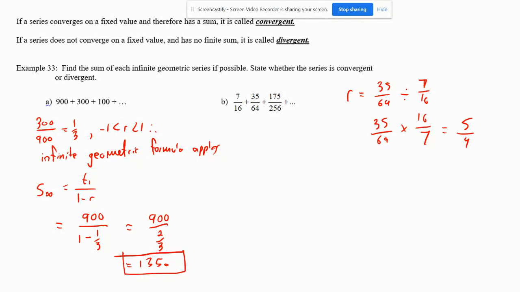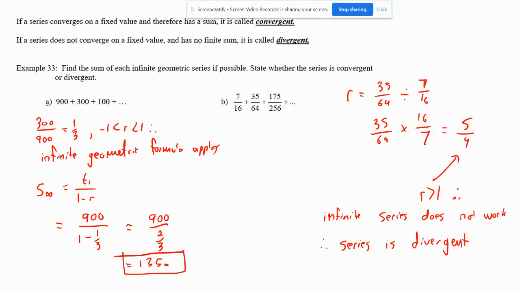Okay, so in this case, r is bigger than 1. Therefore, the infinite series formula does not work. Therefore, this series is divergent. Okay.